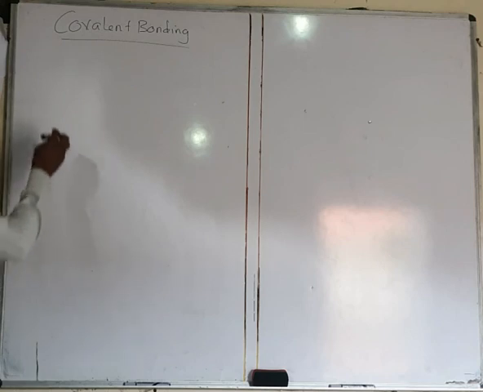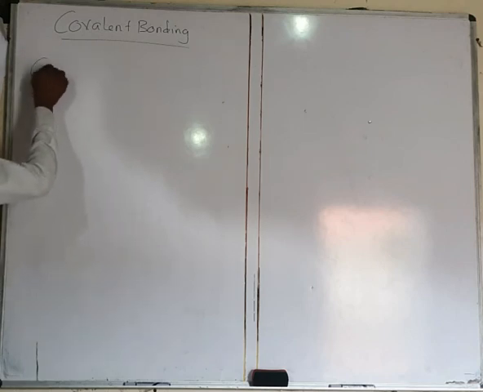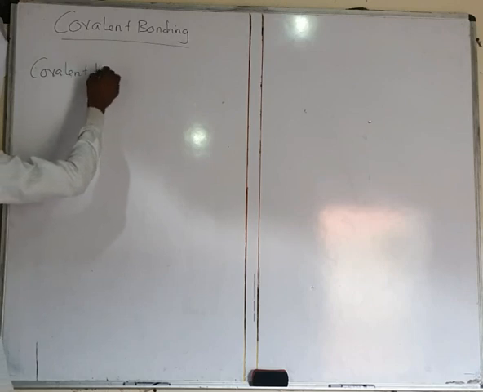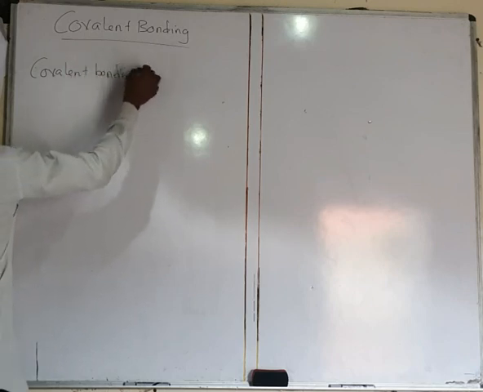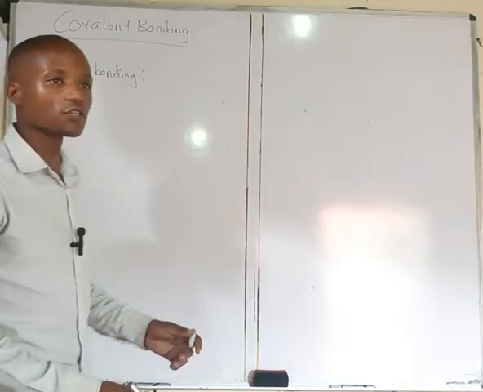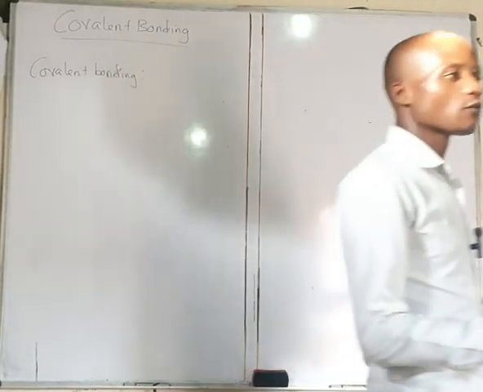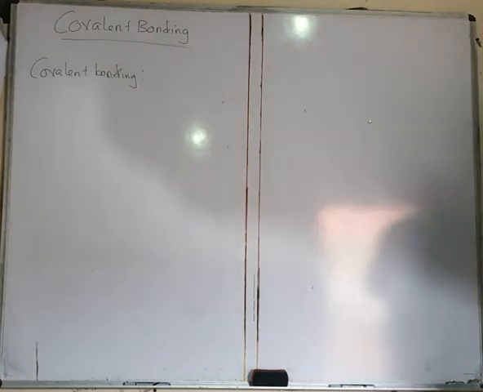So what is covalent bonding? Covalent bonding is a type of bonding which involves the sharing of outermost electrons, the electrons which are found in the outermost shell.